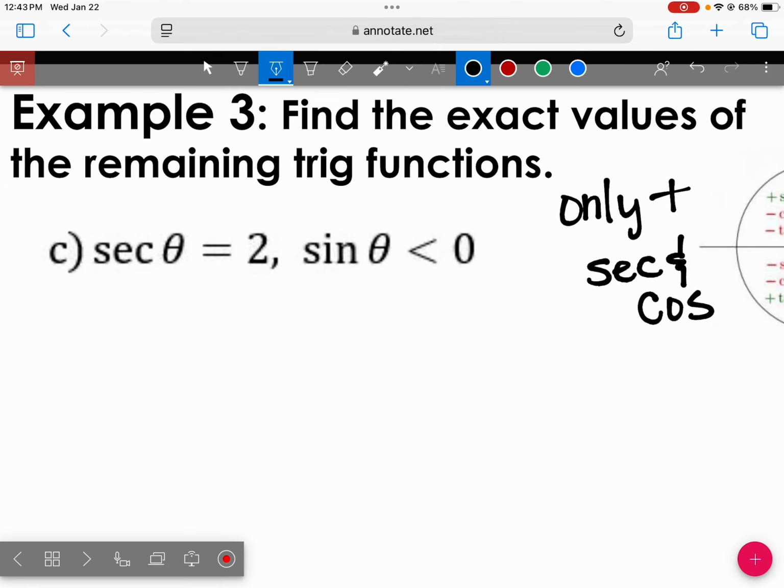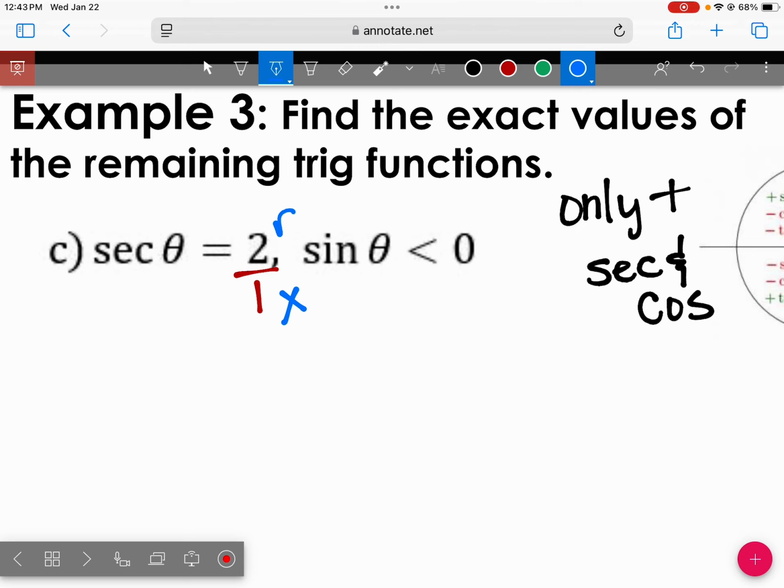All right, so secant, this is just 2, but every whole number can be written as a fraction. So what is secant? Is secant r over x or r over y? Yeah, because secant is the sister of cosine, right? And cosine is x. So this is our r and our x.